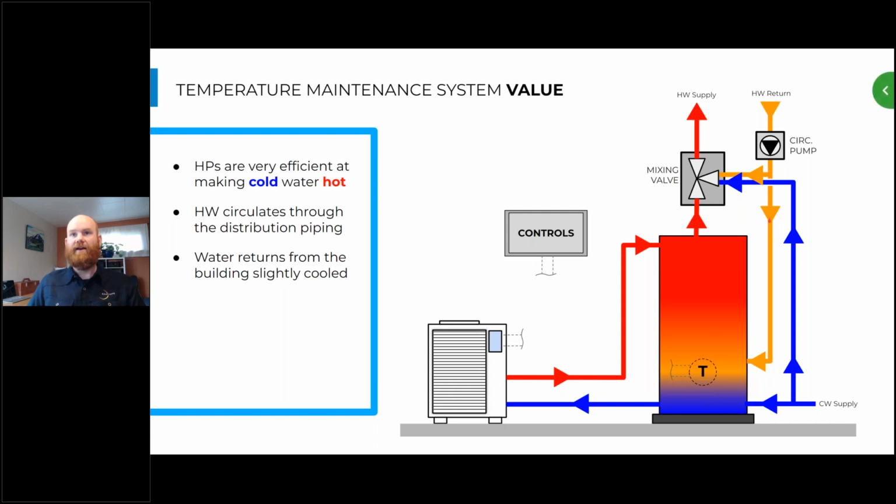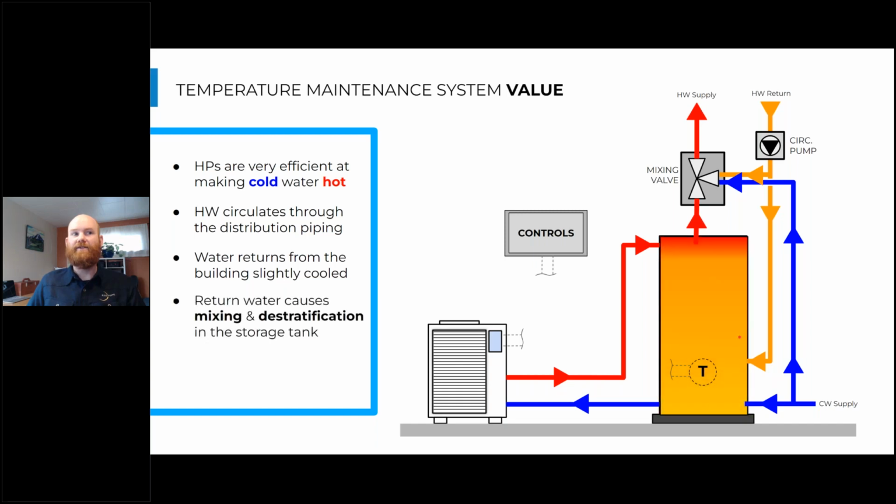So if we take that warm return water, probably around 110 degrees, and put it back into our storage tank, and that's operating continuously, when we don't have a cool water load over a nighttime period, or a hot water load, which is bringing in cool water, then that tank will destratify and mix.